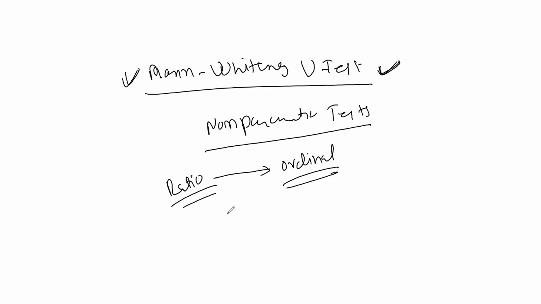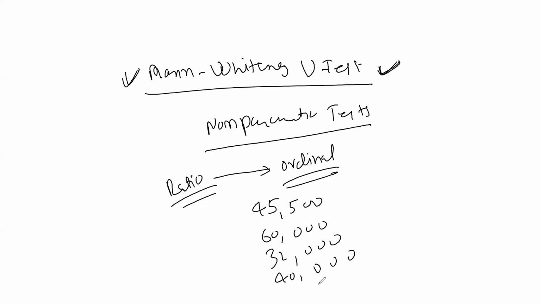What does it mean? For example, I am asking the salary of 5 people: the first person's salary is 45,400, then 60,000, 32,000, 40,000, and 50,000. The software will convert this ratio data into ordinal. Ordinal means rank order.